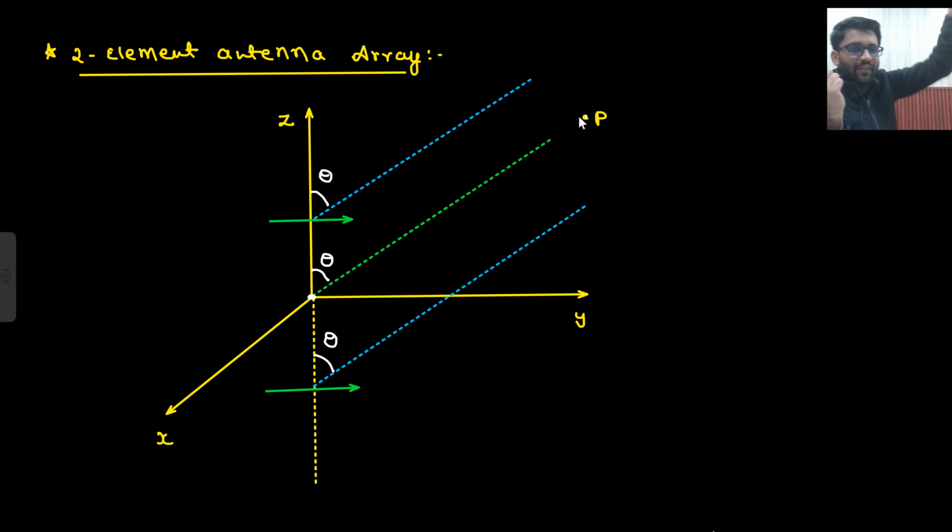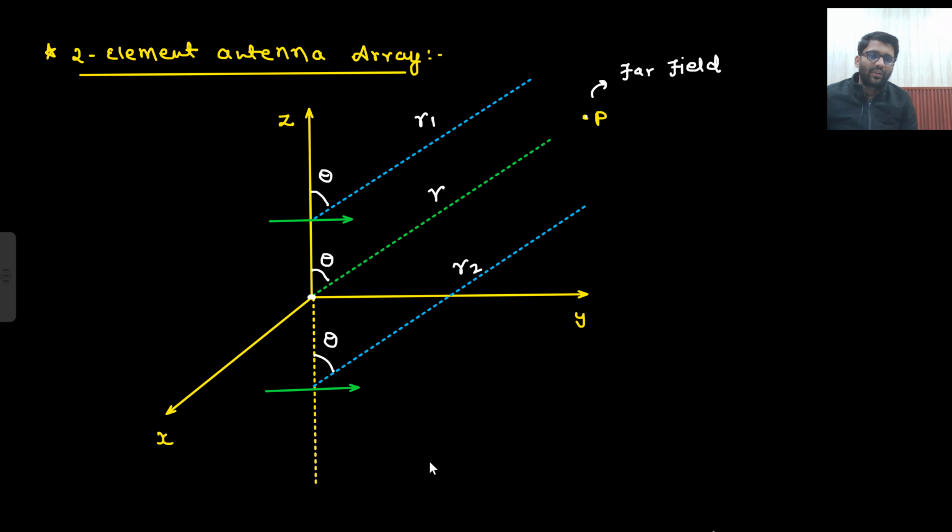This point P is very far away, it is in the far field. This point P is at distance r1 from this antenna, at distance r from the origin, and at distance r2 from this antenna. The distance between this antenna and point P is r1, and between the other antenna and point P is r2.